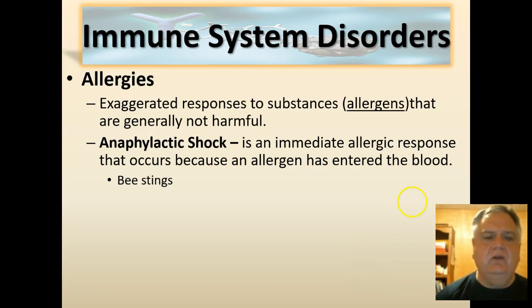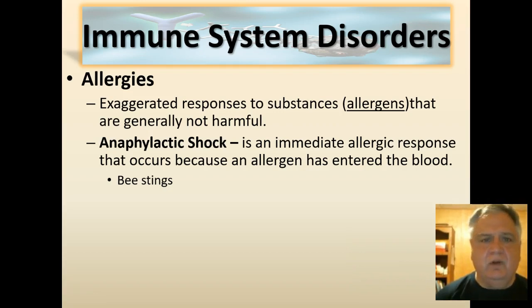So what kinds of things can cause these exaggerated responses? Bee stings, maybe some of you have to carry an EpiPen with you because you'll have this exaggerated response to the protein that's in the bee sting.